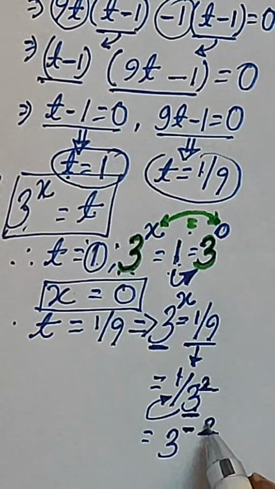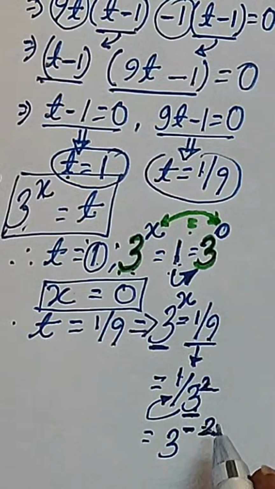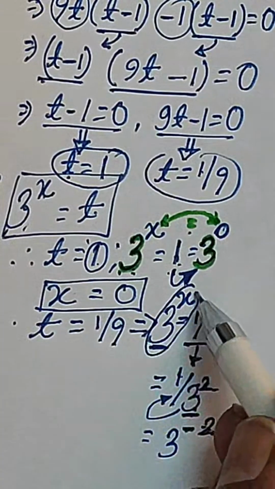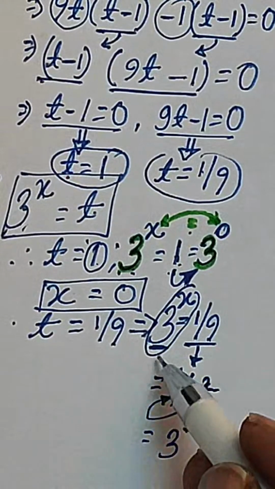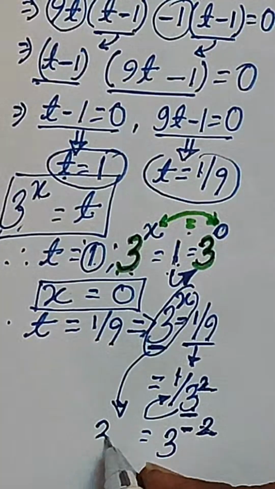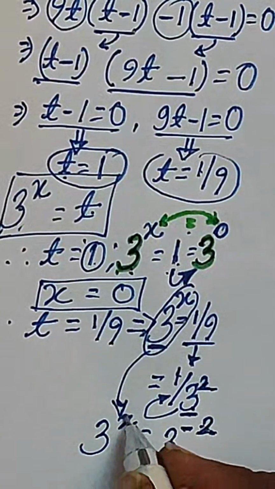Now this is the value of the RHS, and on the LHS we have 3 power x, right? So just write it over here, 3 power x.